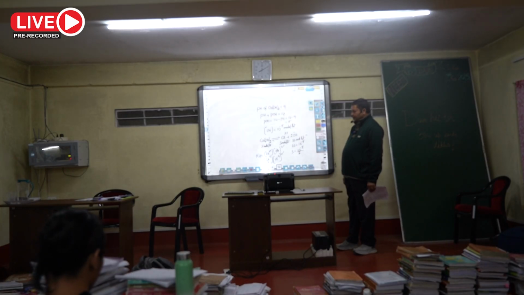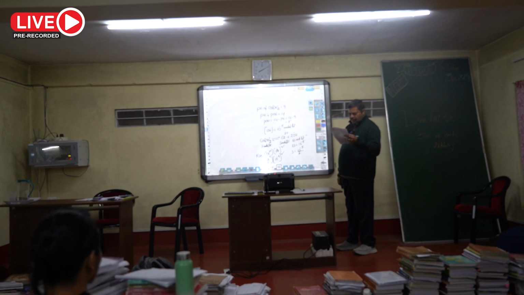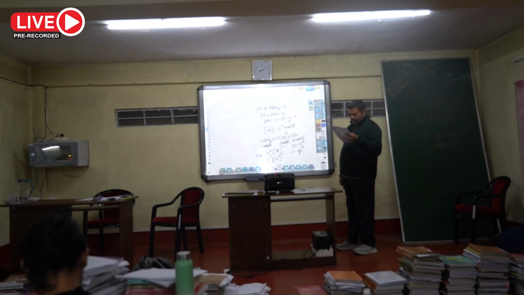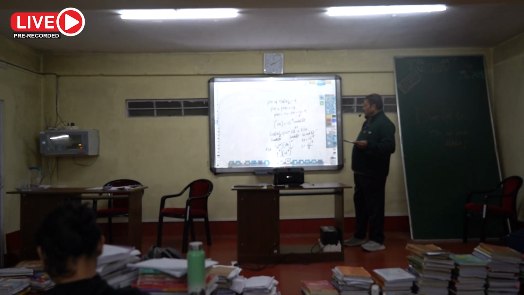You simplify it. You get the value 0.5 into 10 power minus 15. First option.